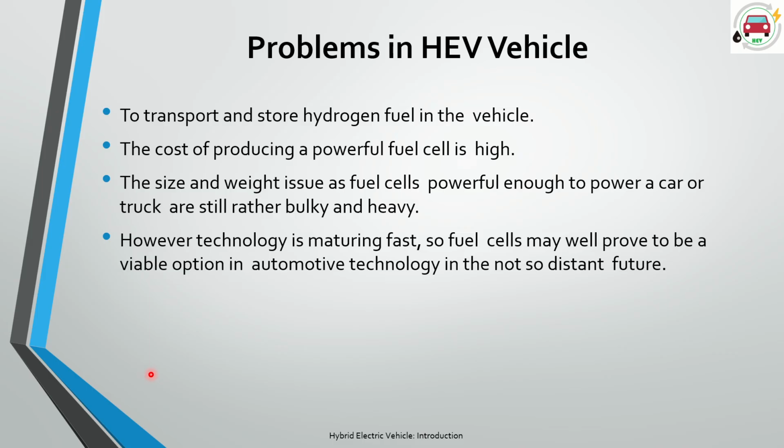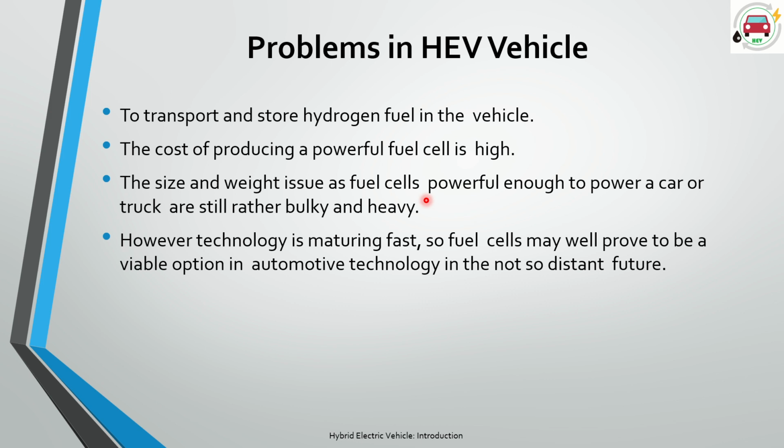So generally we see some problems in the hybrid electric vehicle. To transport and store hydrogen fuel in the vehicle, that is the biggest risk we have. That is one of the problems. The cost of producing a powerful fuel cell is high.